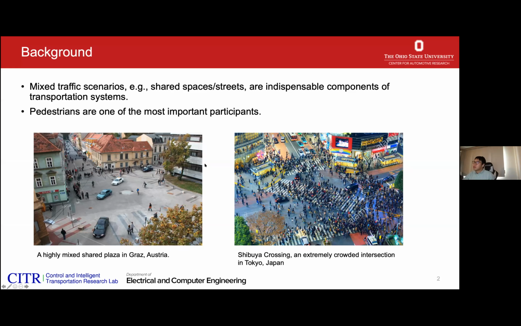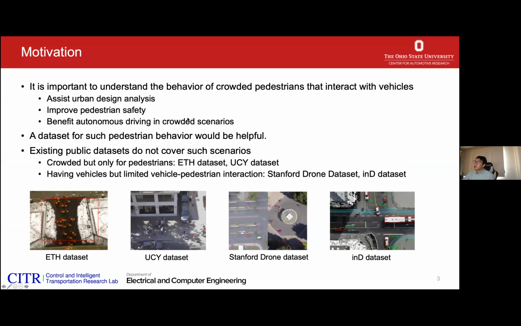And understanding the pedestrian behaviors, specifically the crowded pedestrian behavior that interact with the vehicle, is very important. This could assist the urban design analysis, or it can also improve pedestrian safety or benefit the autonomous driving in crowded scenarios. So we think that a data set for such pedestrian behavior would be helpful either for the academia or the industry.